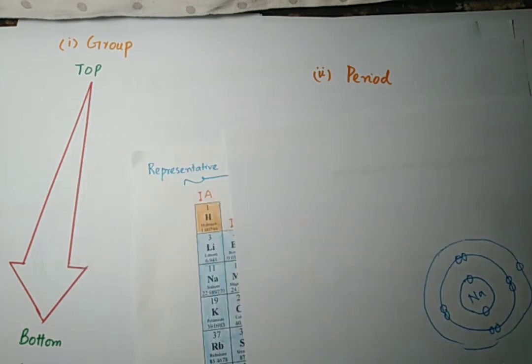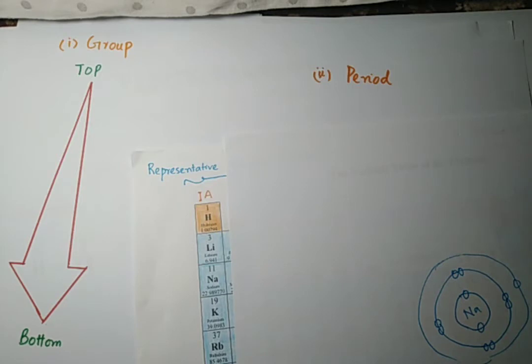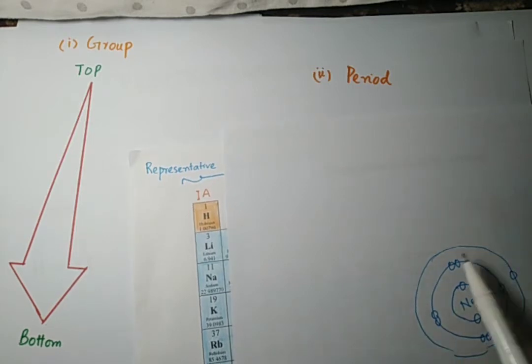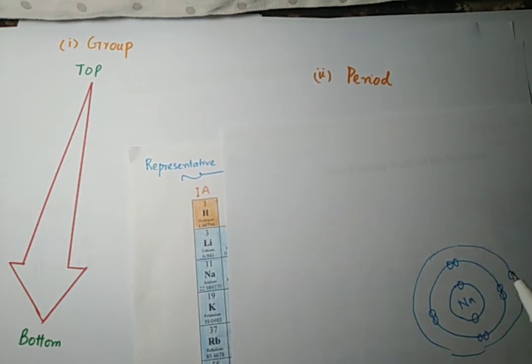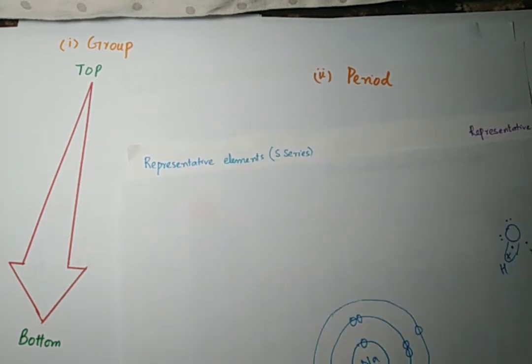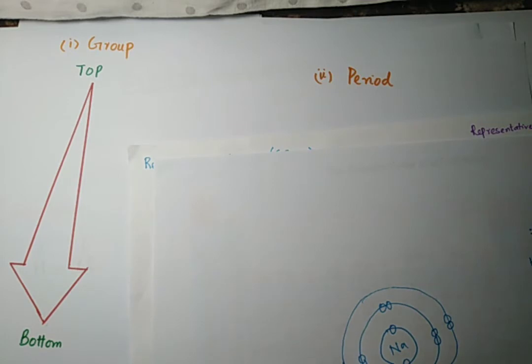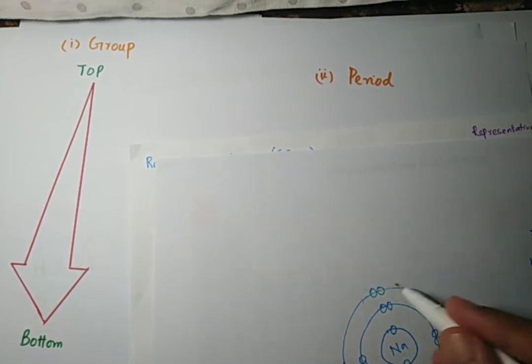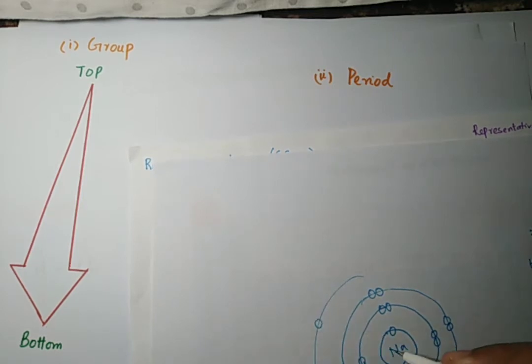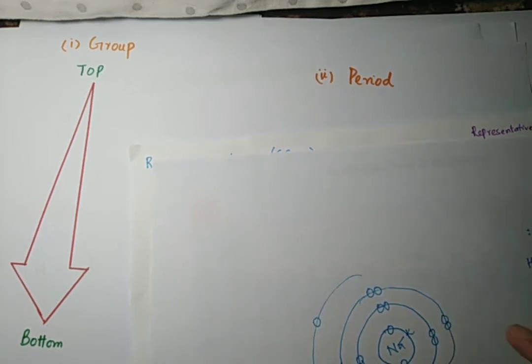So when we move from sodium to potassium, it has 19 electrons, which means that 8 electrons here will be complete and another shell is added, just like this one. It's 8 and 8, 16, 17, 18, and another shell is added in the case of potassium.